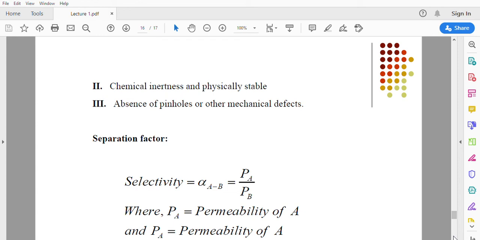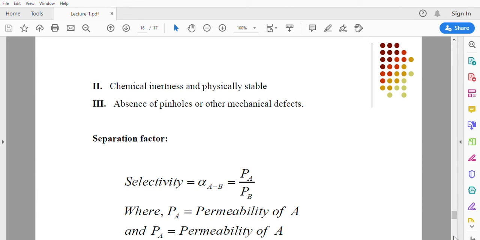Suppose you are using polyvinyl membranes for separation of a water-based system or water vapor, then water vapor will be absorbed in this membrane. So you cannot use a membrane which will react with the feed species chemically or physically, and the strength of the membrane should be high, so it will sustain the mechanical pressure.